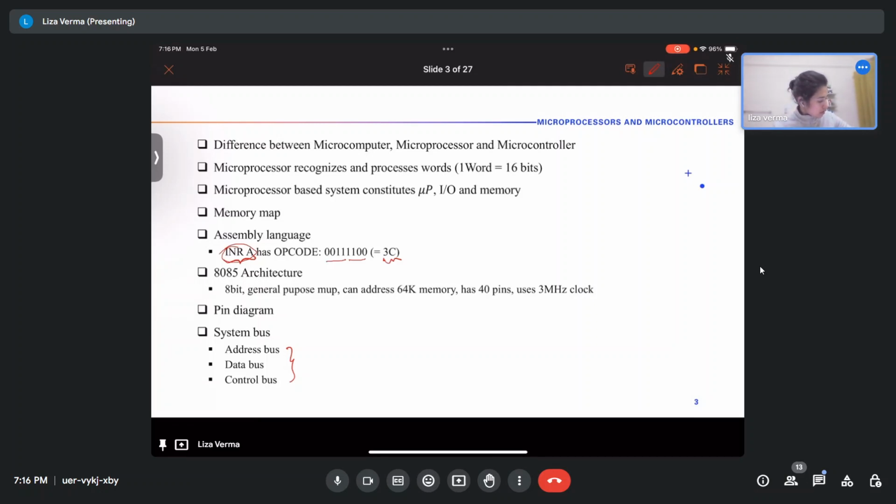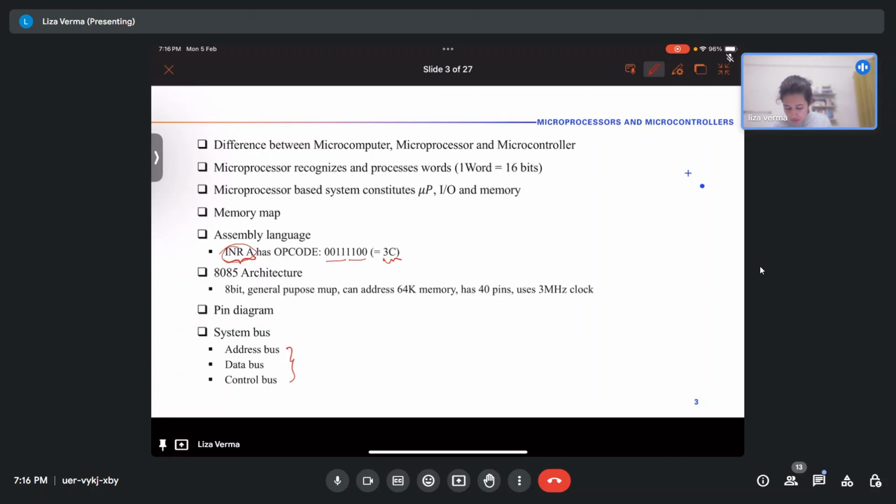As the name suggests, the address bus carries hexadecimal numbers that represent the address of the memory or any location.